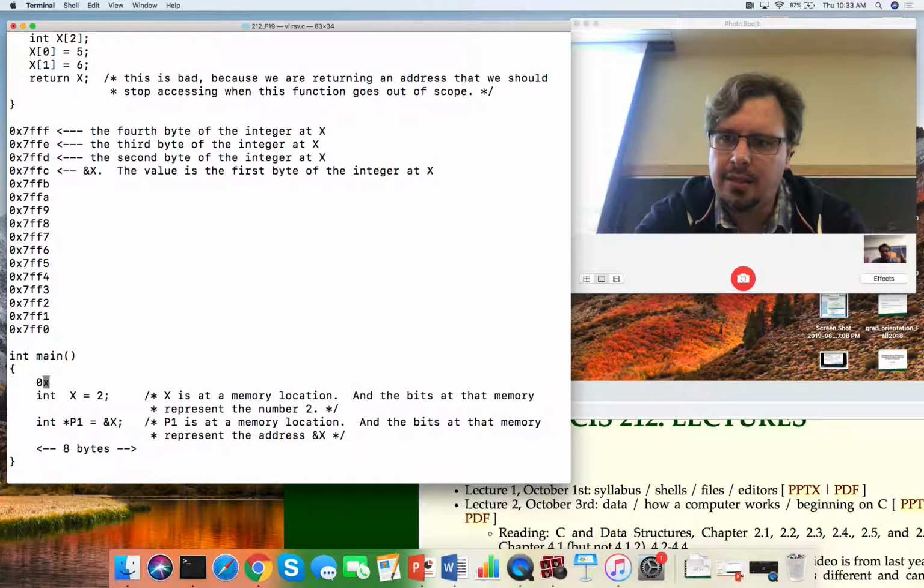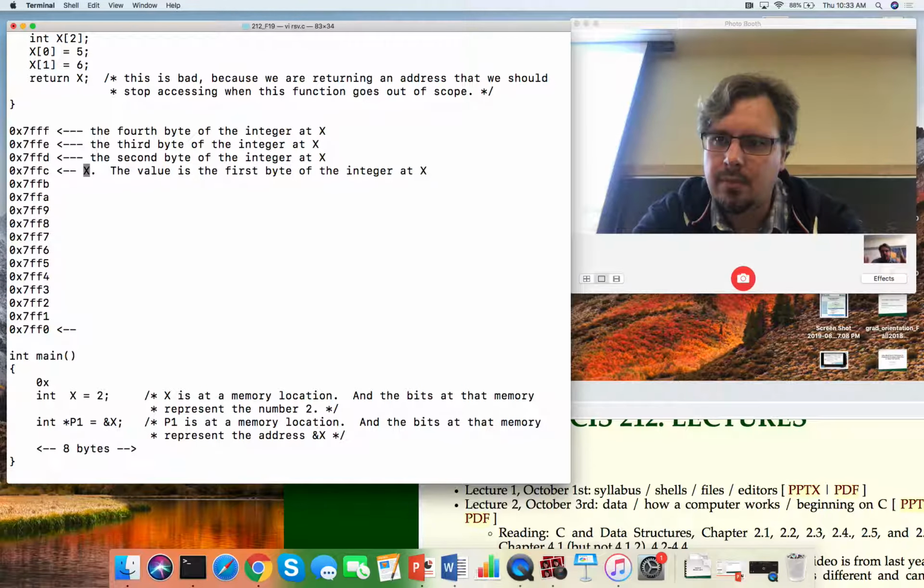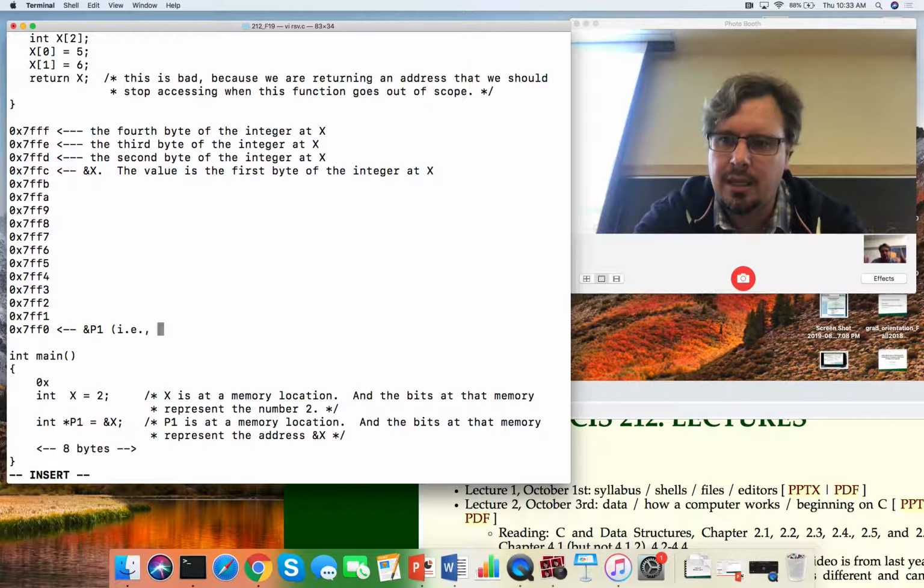And this would be the address of P1, i.e. the location where P1 is storing its data, and its first byte here would be something like 7.